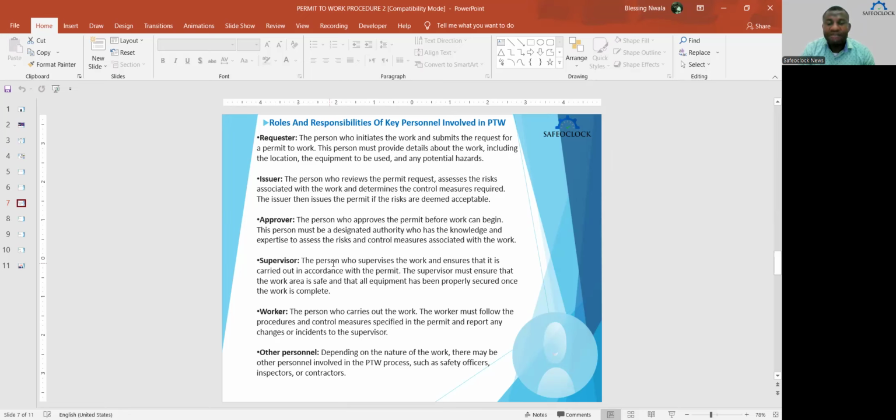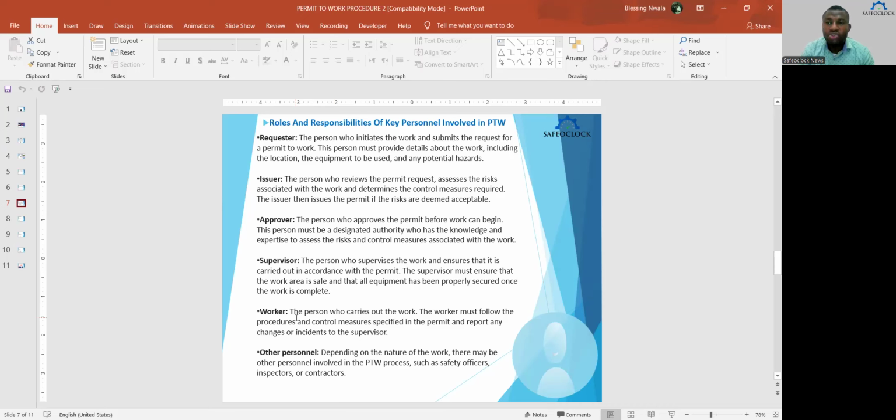The supervisor is the person that will monitor the activity, ensuring that all the requirements of the permit or all the conditions on the permit are maintained throughout that activity, not just from the beginning, but even while the activity is going on. The worker is the person who is directly involved in that activity, the person who directly carries out the activity.